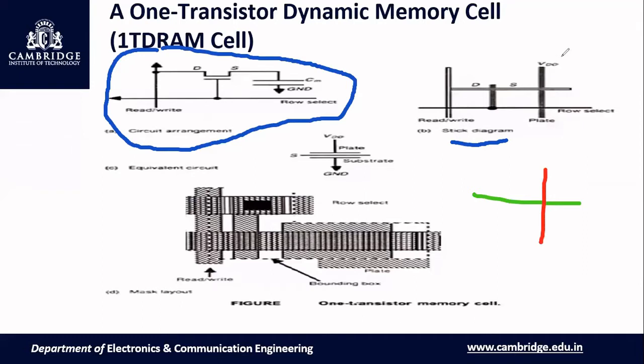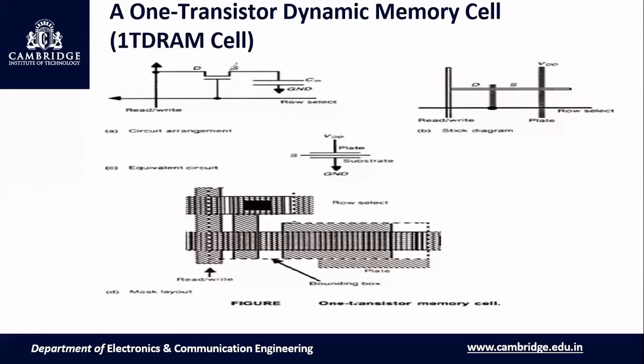The gate is nothing but poly, and diffusion is nothing but n plus diffusion. For row select we can use metal. And wherever contacts are required, you can make a contact.